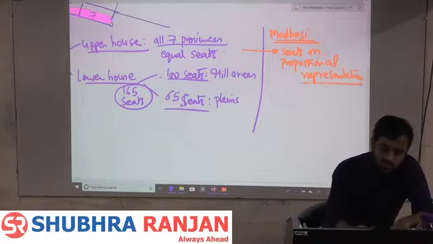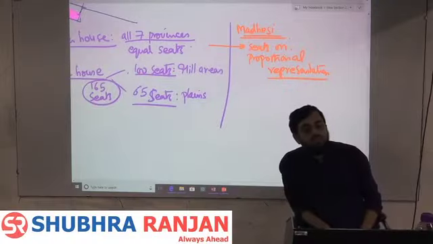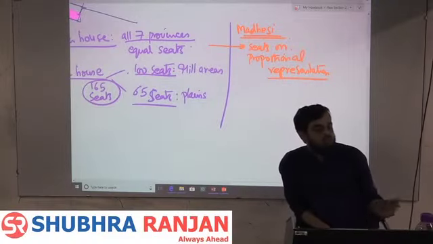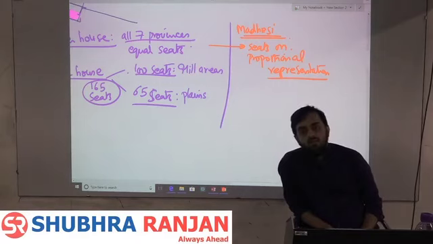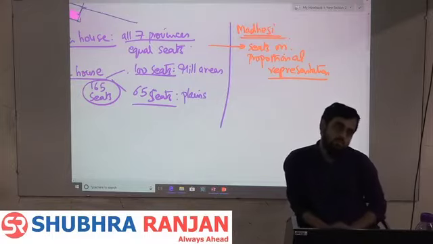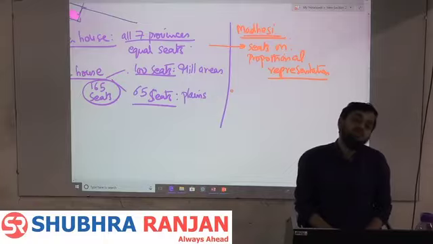मतलब जैसे यूपी in India, upper house में seats are on which basis? Proportional or equal? Proportional, right? So they said that seats must be in the upper house on the basis of proportion of population of each province, because this would give Madhesis what?